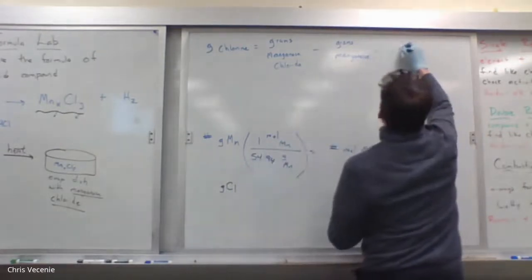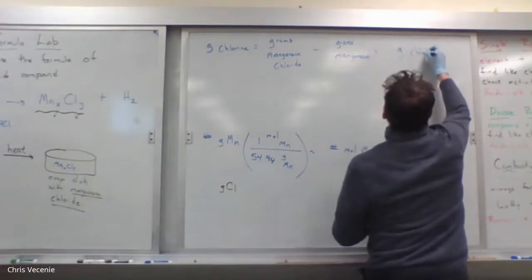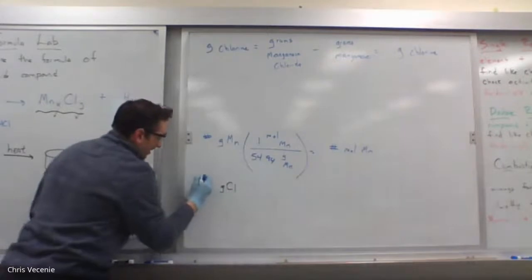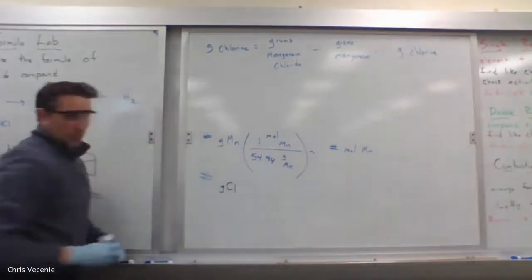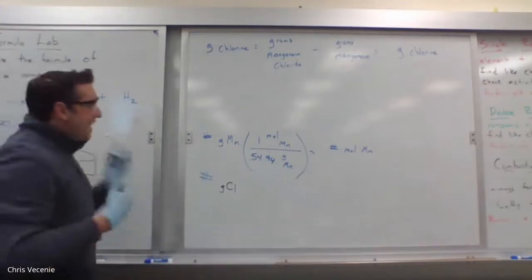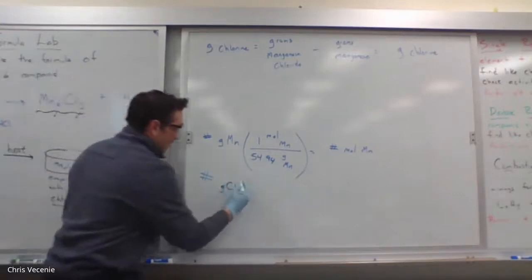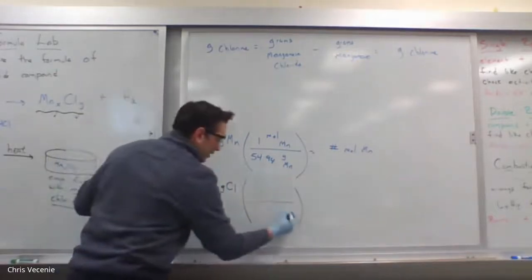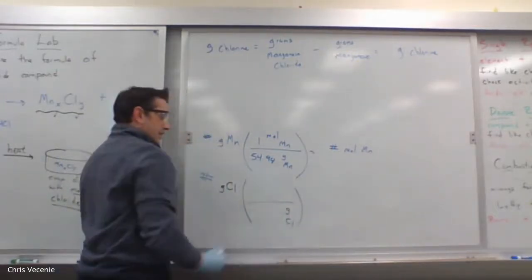And what you'll have is grams of chlorine. You just got that number. And once you have that number, now you can finish your problem, because the rest of the empirical formula problem that we traditionally do all comes from the periodic table.